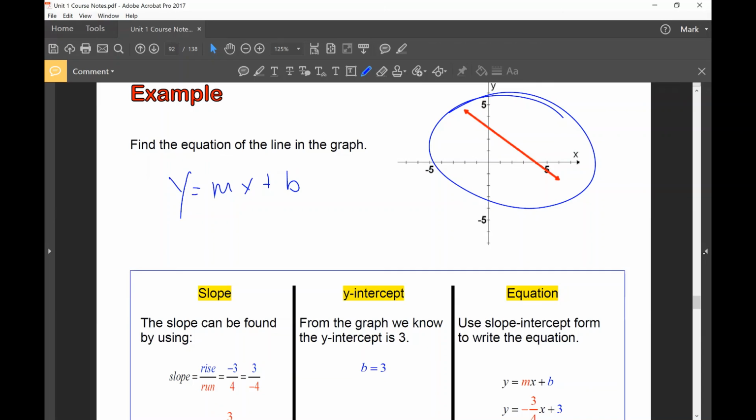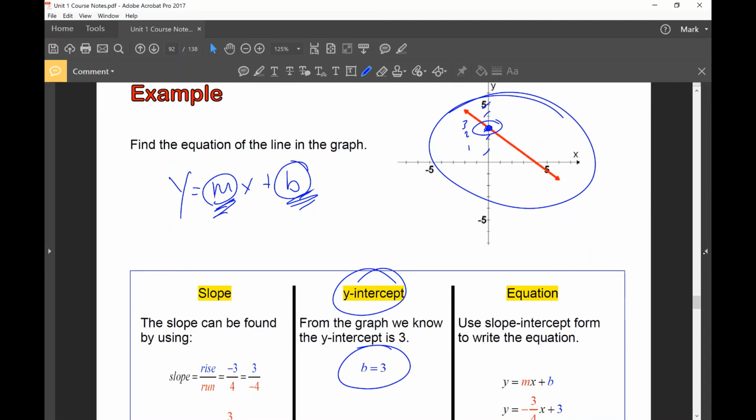I need to find my slope and my b. Well, the b is actually pretty easy. Remember that the b is the y-intercept. So my b is going to be whatever this point is here. So b is going to be 1, 2, 3, 4, 5. 1, 2, 3.